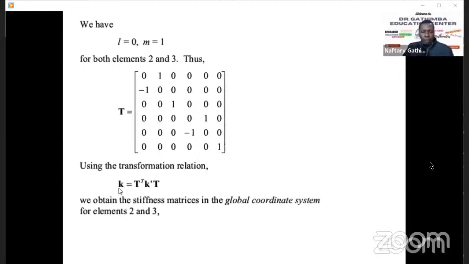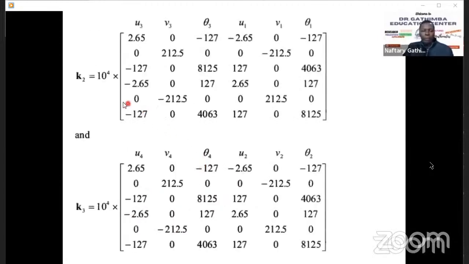And therefore, using this transformation relation, we know K in the global is equal to T transpose times K in the local coordinate system times T. Doing so for both 2 and 3, because they have similar orientation, geometry and material property, he pre-multiplied and was able to obtain K2 and K3.